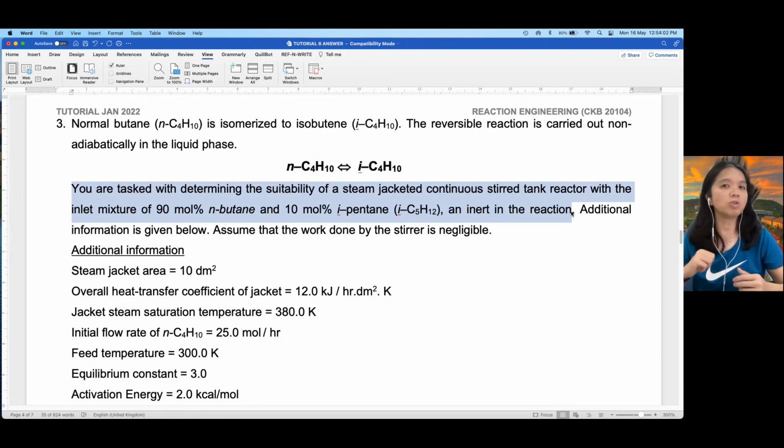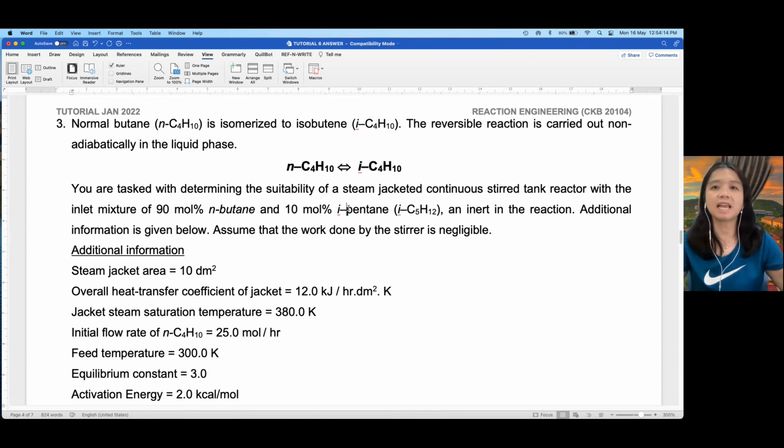Although the reactant is normal butane, it's not pure normal butane. They have another compound, isopentane, which is an inert. That's why you see only normal butane in the chemical reaction. There's no isopentane, because isopentane is an inert, and they give you the mole% initially.